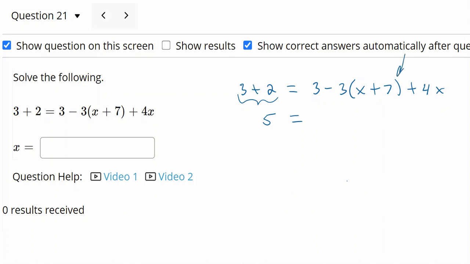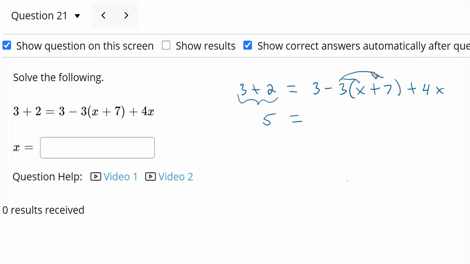I don't know how to collect like terms when there's brackets sitting there. So we know how to deal with that though, right? We would take this number out front, this negative 3, because even though it's minus 3, you can think of that as negative 3. And it would be distributed, remember the distributive property, or rainbow, right?